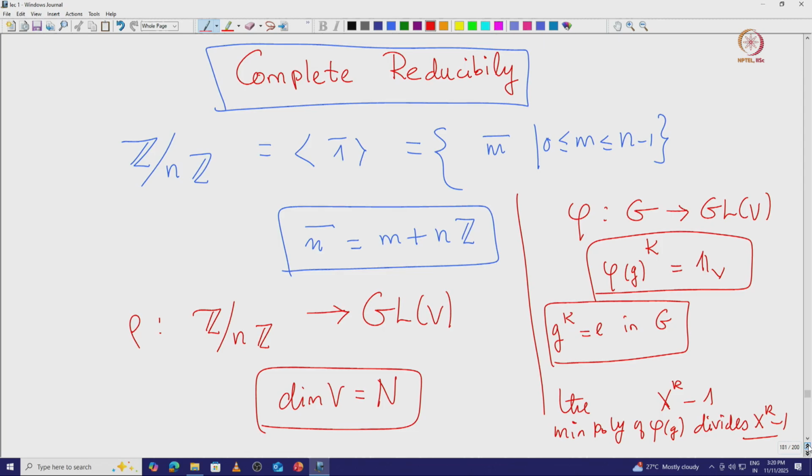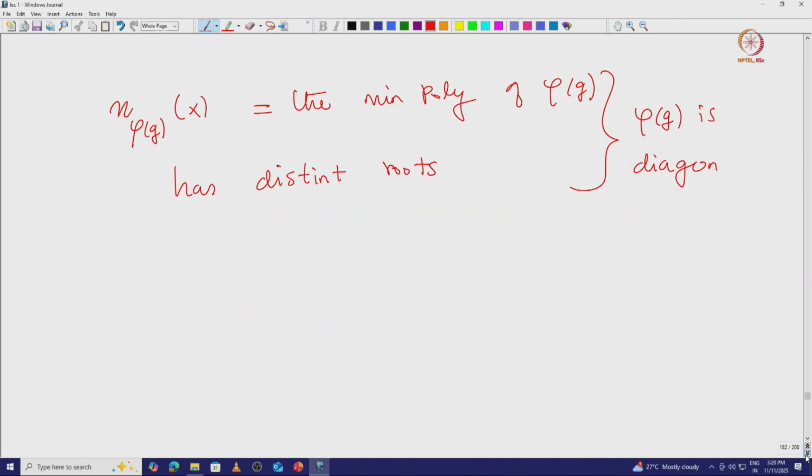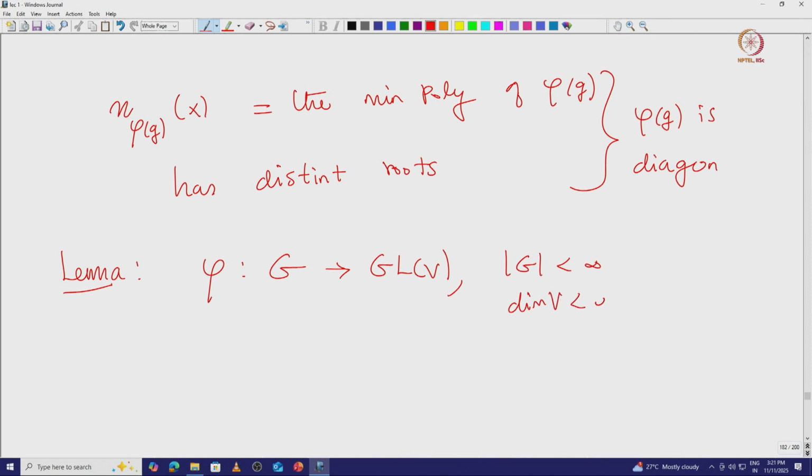So it is an immediate lemma: if we start with a representation of a finite group acting on a finite dimensional vector space, so both the group as well as the dimension are finite, then we can conclude that phi of g is diagonalizable for all g in G.